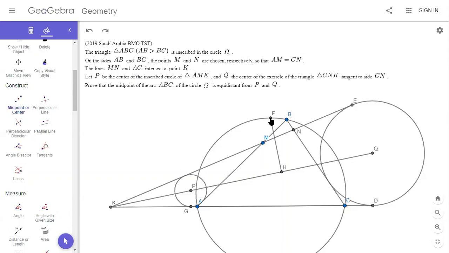Wait, I'm trying to see what's up with Archimedes. So Archimedes' theorem says if I drop a perpendicular from F to AB, let's see.